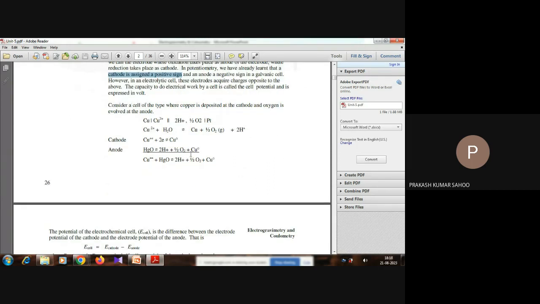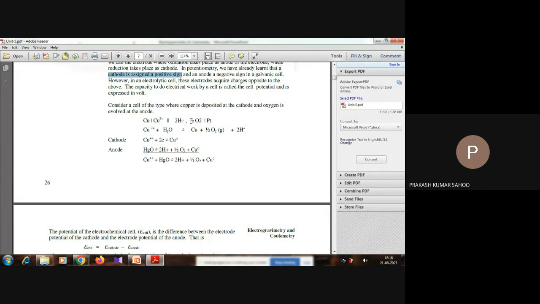So here if copper gets deposited, then oxygen will be evolved at the anode. The cell is represented as Cu | Cu2+ in solution, double slash meaning the salt bridge, and then 2H+ and half O2 with platinum as the electrode.